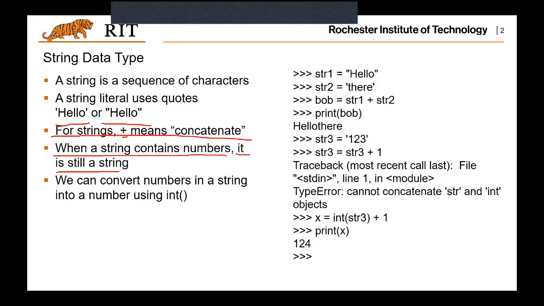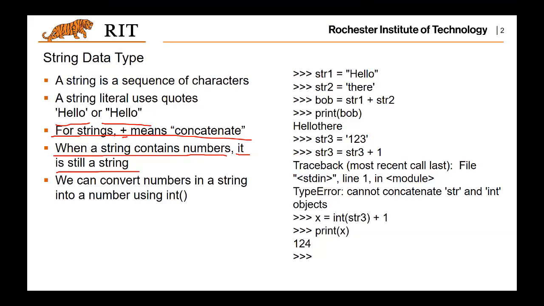You cannot directly use it for other computation like multiplication, subtraction, addition, division, and so on. I mean, those operations for numbers. So you have to convert this string to a number, and then you use the operation on the numbers.